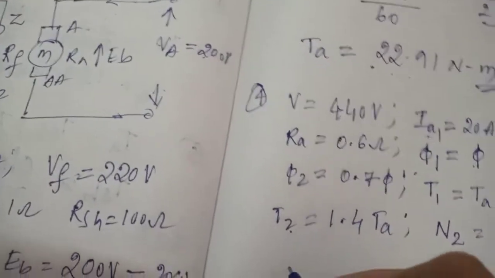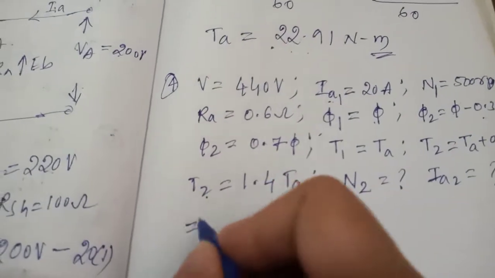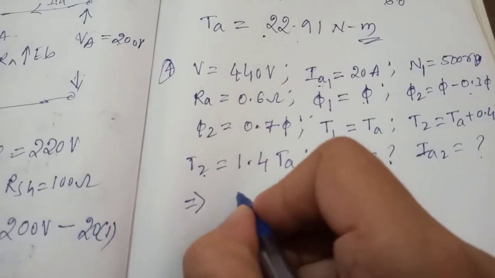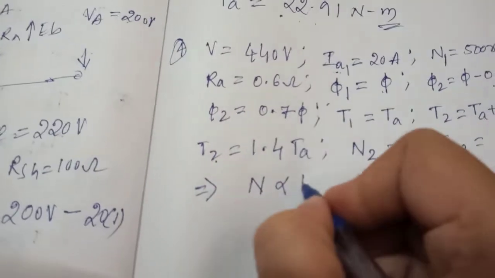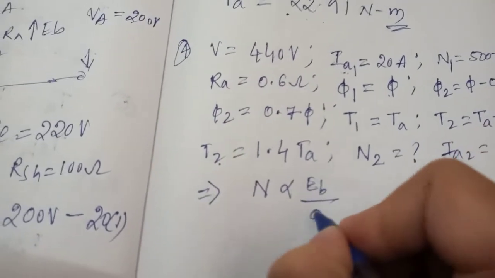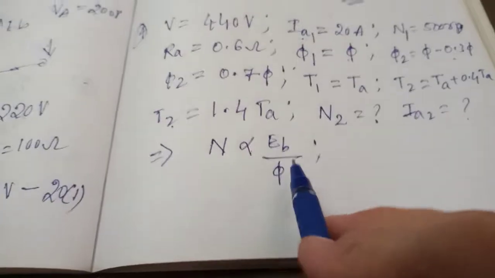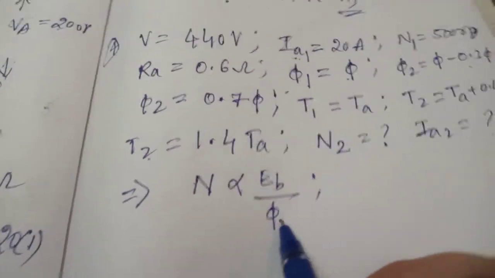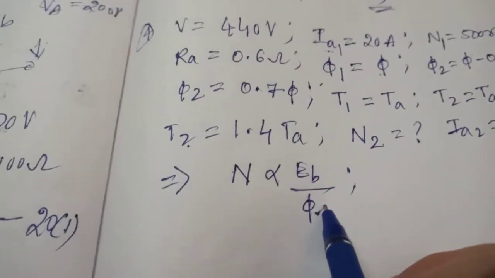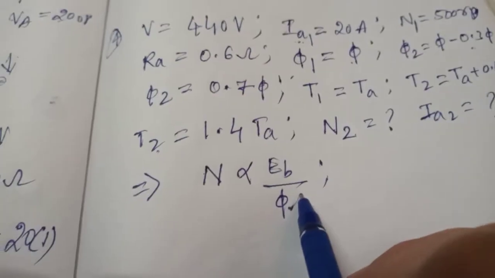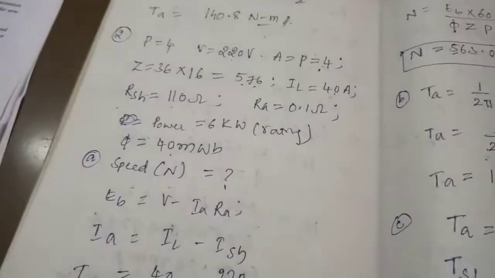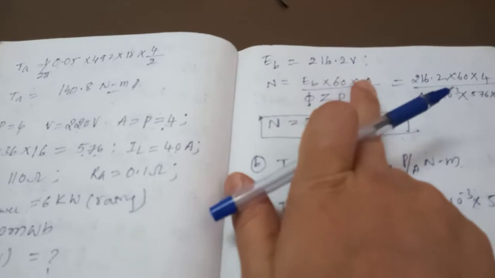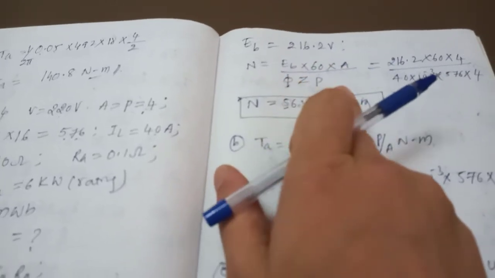To calculate N2, we have one formula. In a shunt motor, N is directly proportional to EB by phi. In a shunt motor the flux is constant, but we have the formula N is equal to EB into 60 into A divided by phi ZP.